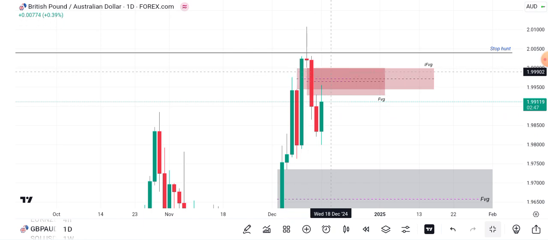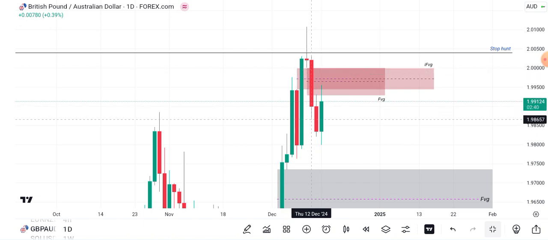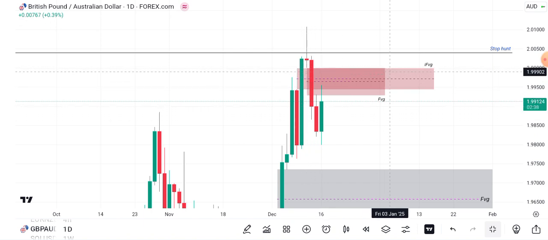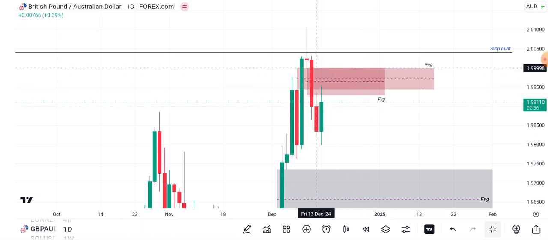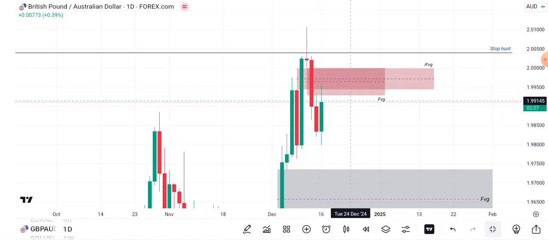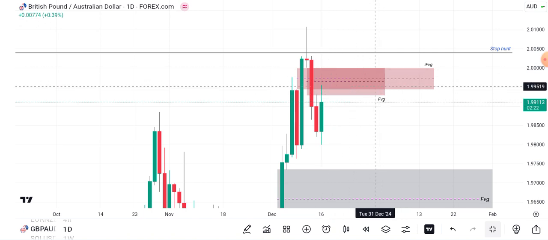The fair value gap between them that was violated by this large bearish candle is what I call an inversion fair value gap. That is what ICT calls it. Whereas this one that is being formed by this large red candle is what we call the fair value gap, and I've highlighted them with boxes. The longer one is the inversion fair value gap, and this shorter one here is the fair value gap.